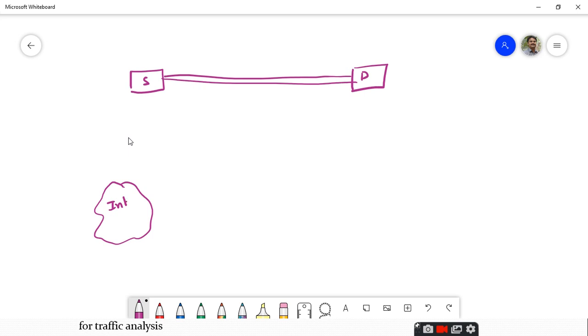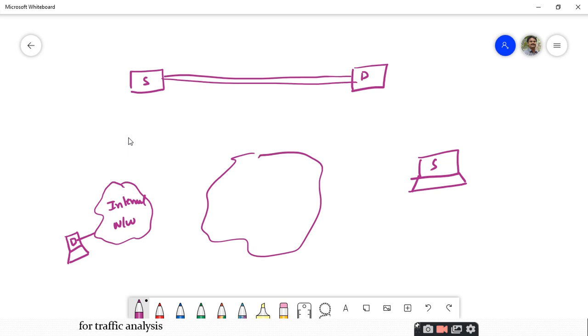So, this is the internal network of a particular company, let us assume, and we have a system that is connected here. Let us say that is destination D. Assume I have a source system somewhere around in the world, and I make use of the external network, that is the internet.